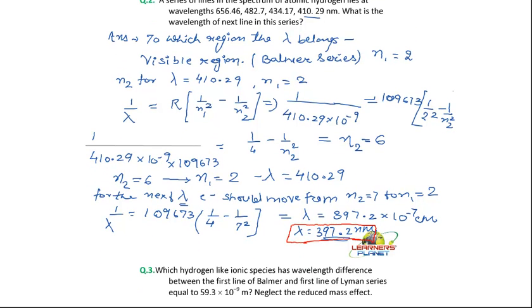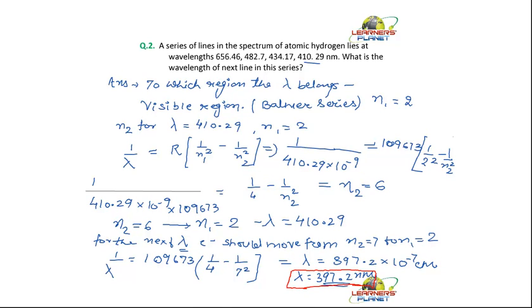So we have got our answer that the next wavelength should be 397.2 nanometer in the series, and which transition does it correspond to? n2 equal to 7 and n1 equal to 2.